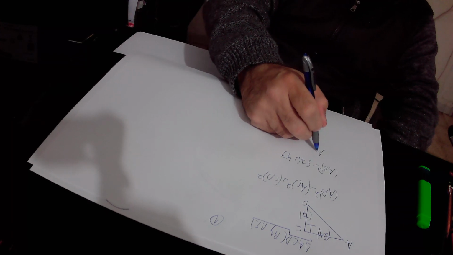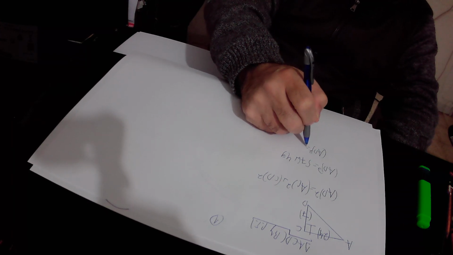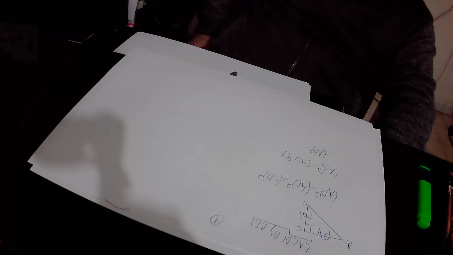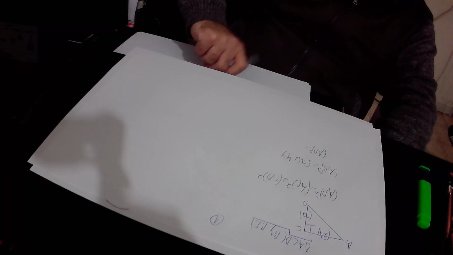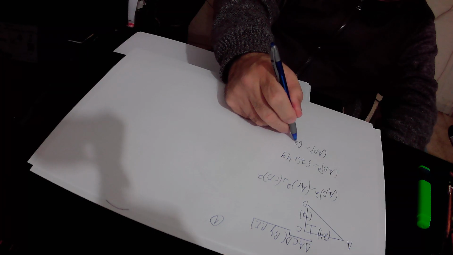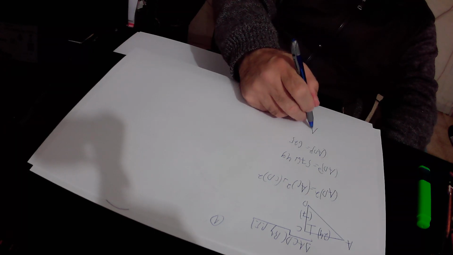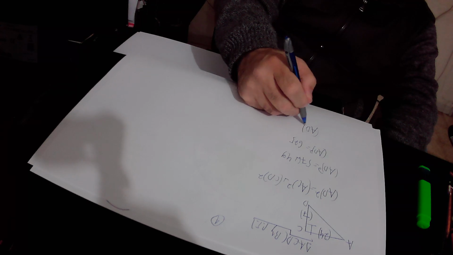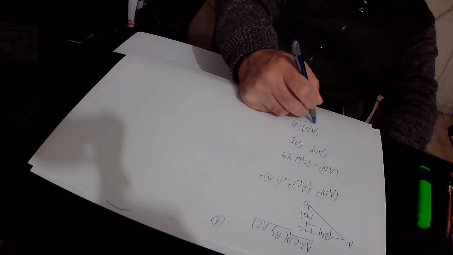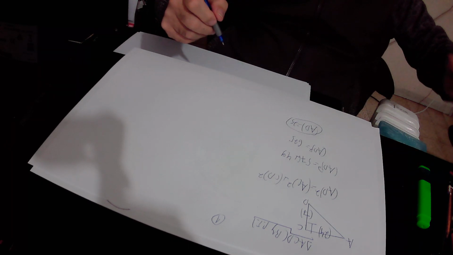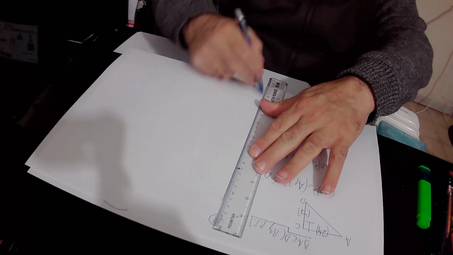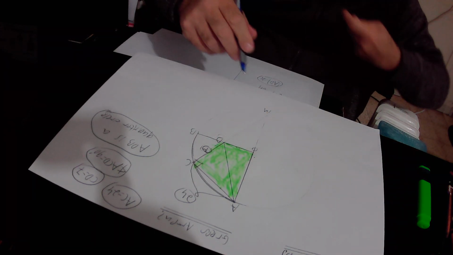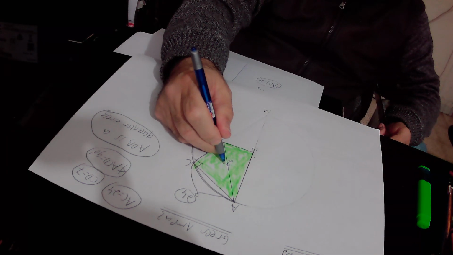So AD square equals 576 plus 49, which is 625. Taking the square root, AD equals the square root of 625, that is 25. So the hypotenuse of the right triangle ACD equals 25 units.